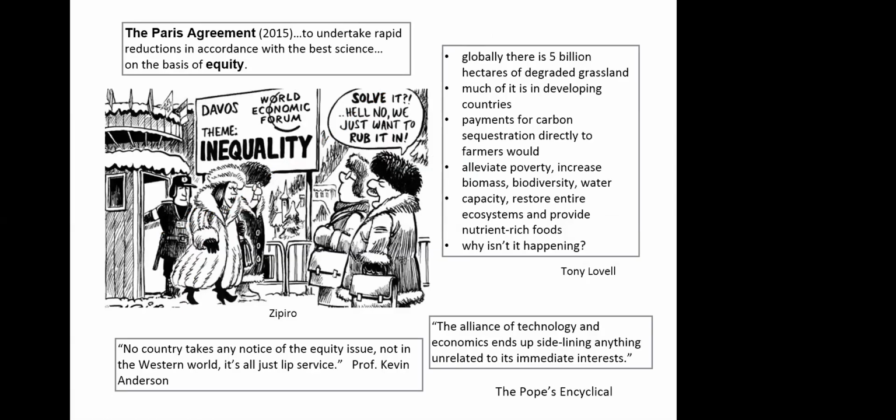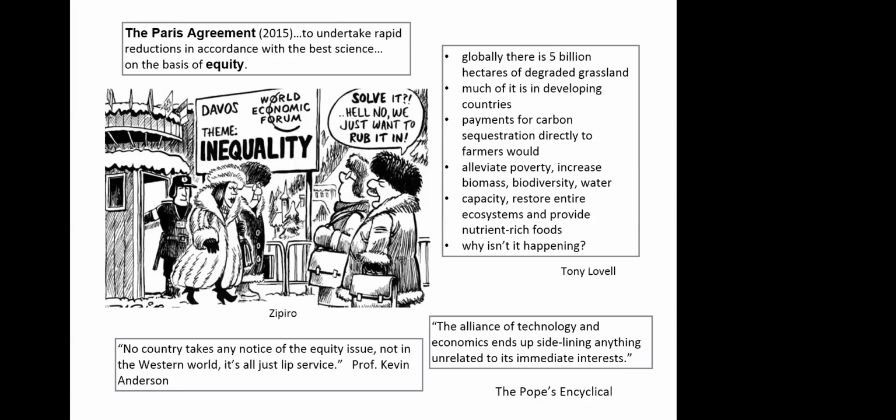Thank you. So why is this not happening? Now, the Paris Agreement, stated very quickly, the agreement was to undertake rapid reductions in accordance with the best science and on the basis of equity.